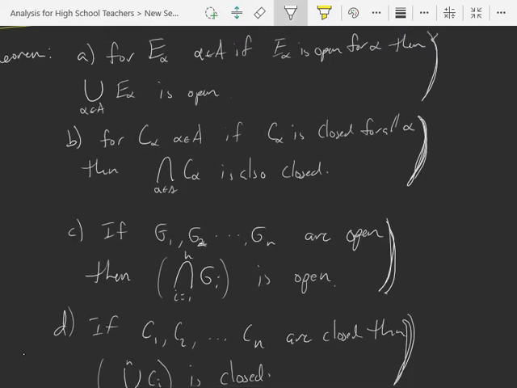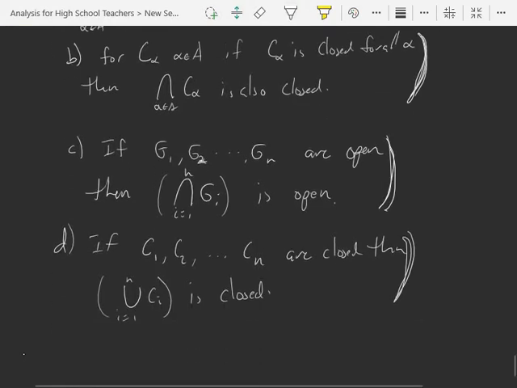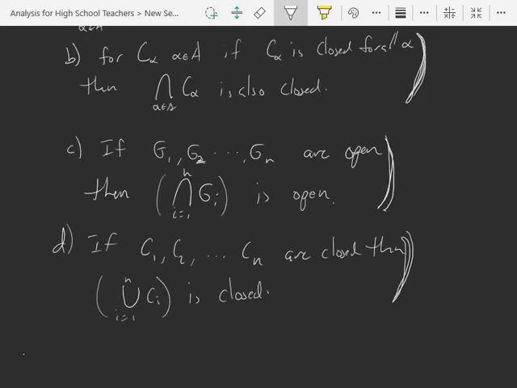So if a union is open, it doesn't necessarily mean each of the things in the union are open. If an intersection is closed, it doesn't necessarily mean all of the things in the intersection are closed. If I have an infinite number of open sets and I take their intersection, it might not stay open. If I take an infinite number of closed sets, the union of the infinite collection might not stay closed.